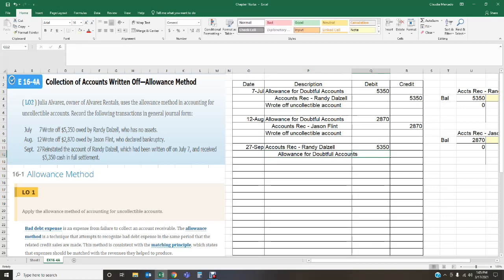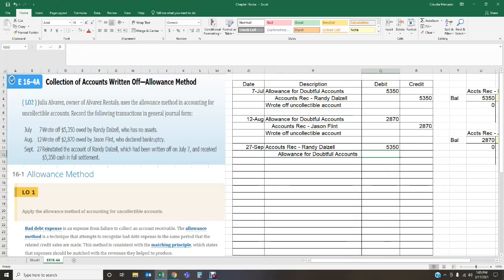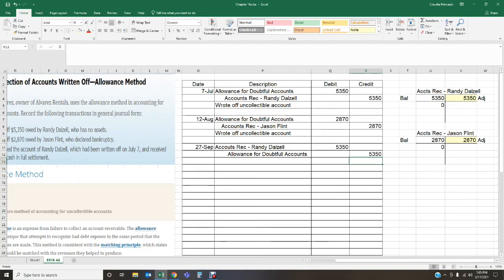$53.50. So what I did here is I debited my accounts receivable $53.50. So I have a debit and a credit. Those cancel out. Now I have another debit of $53.50. That is where we reinstate the account.